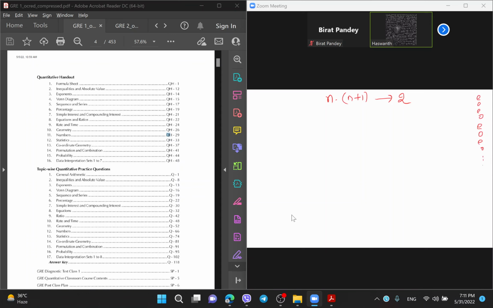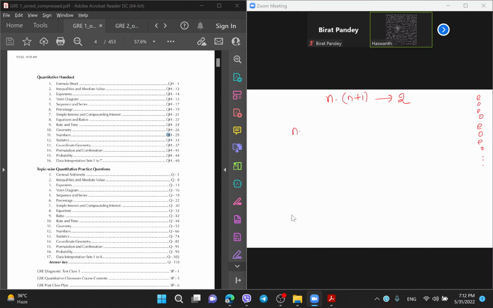If n is even, next number n plus 1 will be odd. If n is odd, next number n plus 1 will be even. So one of them will definitely be even, so it will be like even into odd. Even into odd is even. Product of two consecutive integers will be even, and any even number will be divisible by 2. So product of two consecutive integers will always be divisible by 2.